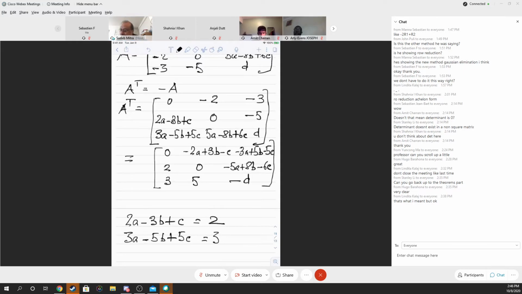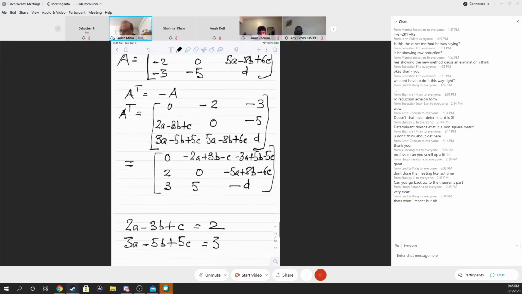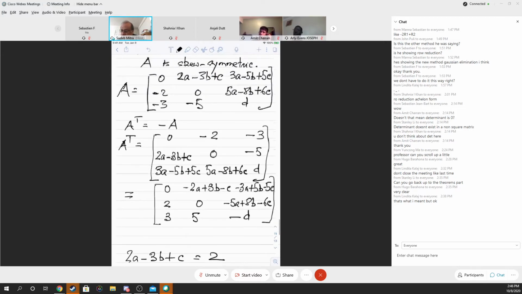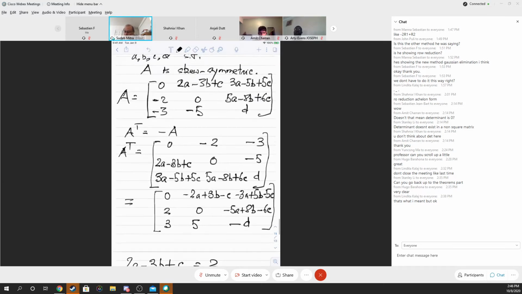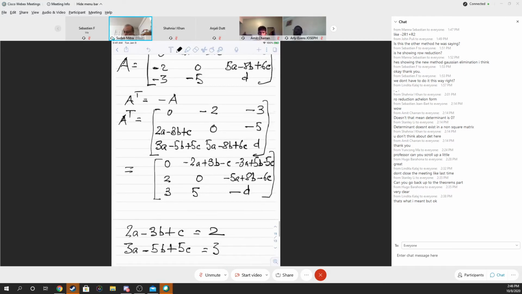And D is... A transpose, what is A transpose? Okay, third row became the third column.